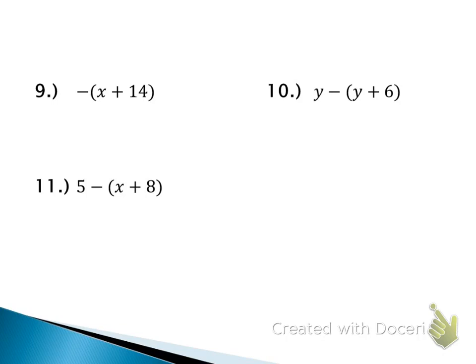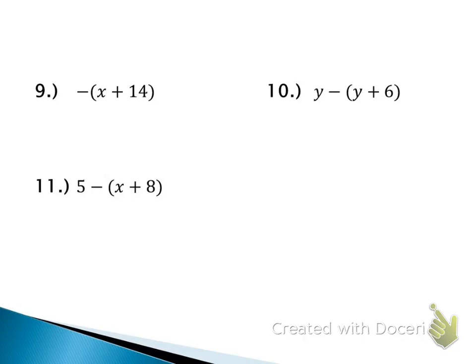All right, on this section, this is a little different from what we've seen before. We are not evaluating these because we don't know what x and y equal. All we're doing is simplifying them or rewriting them.